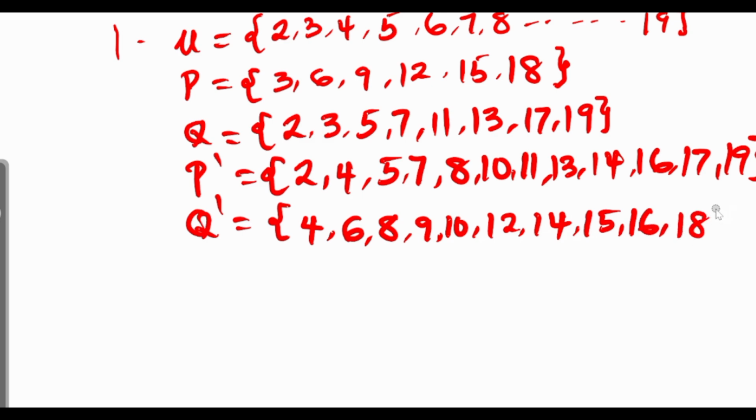All these elements are in the universal set but not in Q. So they are Q prime, or we say Q complement, or the complement of Q.